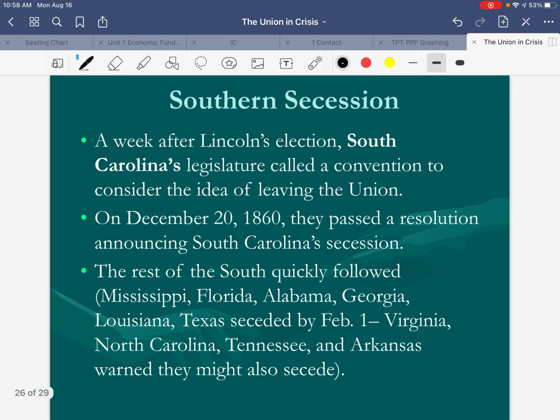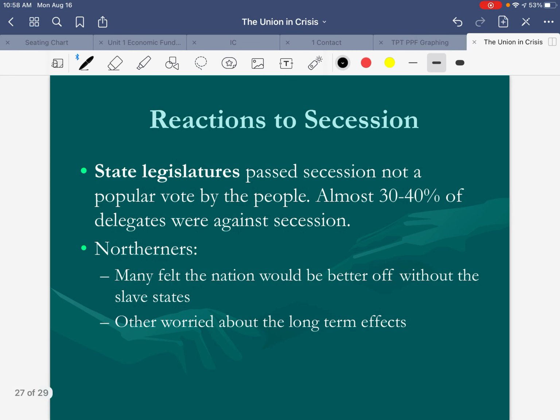A week after this 1860 election, South Carolina is the first state to secede. Their legislature meets. They pass a resolution saying we're no longer part of the United States of America. And guess who followed them? Mississippi, Florida, Alabama, Georgia, Louisiana, Texas, Virginia, North Carolina, Tennessee, and Arkansas also said we will be leaving the Union.